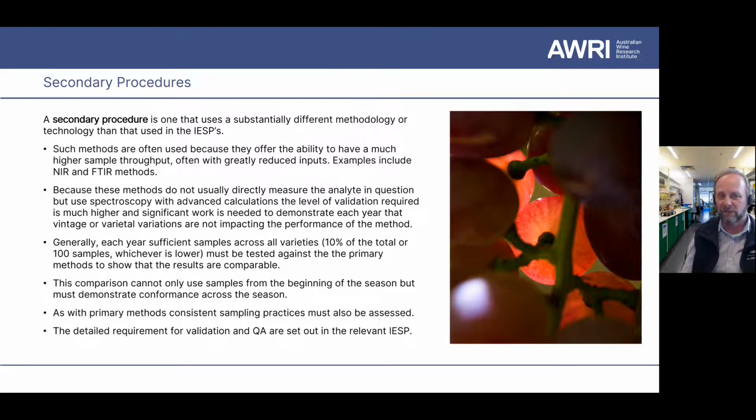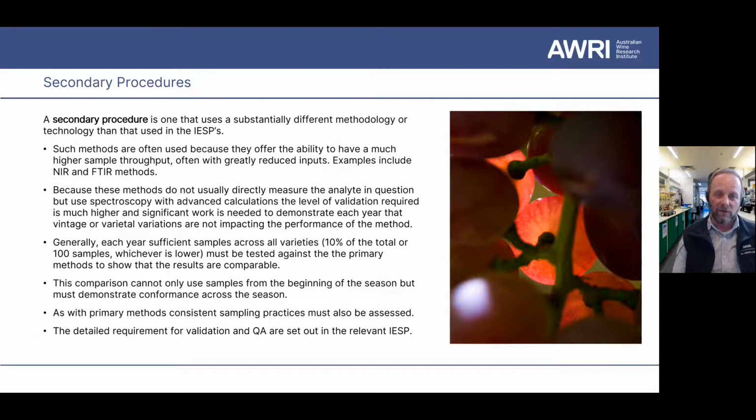Now, a secondary procedure is one that uses a substantially different technology or methodology than that outlined in the IESPs, and these may be used, but they must be shown to be equivalent of the IESPs or the primary methods to ensure fair and accurate results.